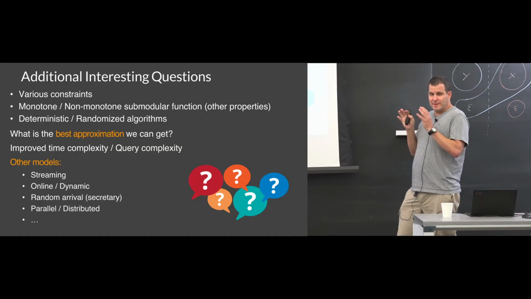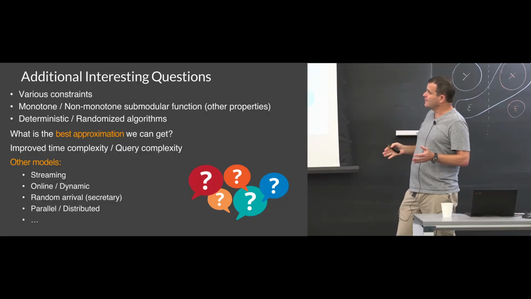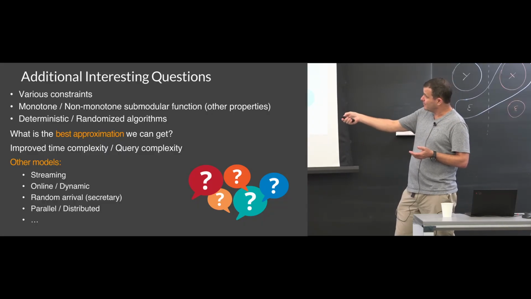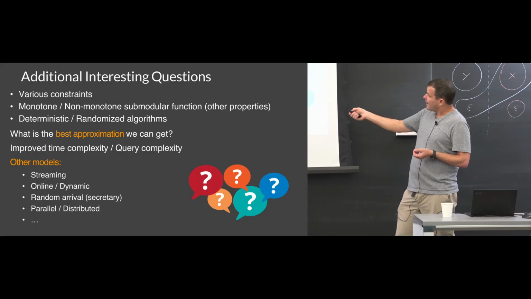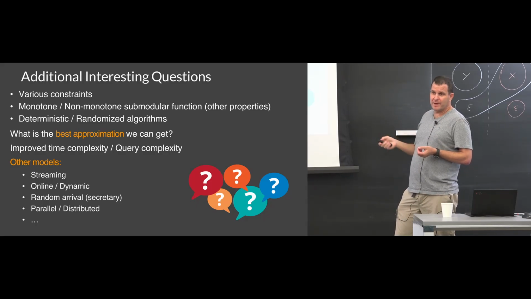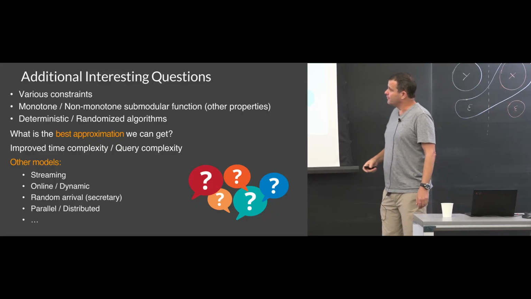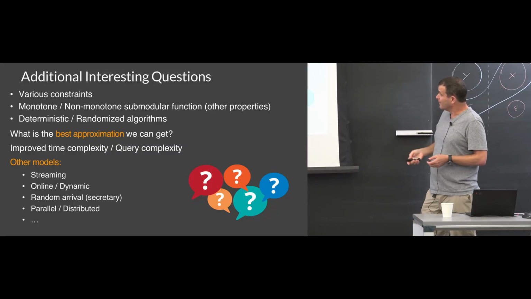Basically, the basic question is, what is the best approximation that we can get, and in what time? Or even, in a cleaner way, I will just measure the query complexity: how many sets I should query in order to get this approximation. This generally dominates the running time of the algorithms.